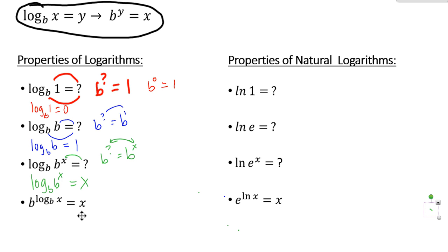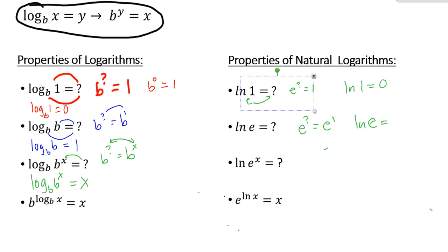Okay, then over here with natural logs, it's the same. This just says e to what power equals 1. So the ln of 1 equals 0. This one says e to what power equals e. Has to be 1. So ln of e equals 1. Same thing here.